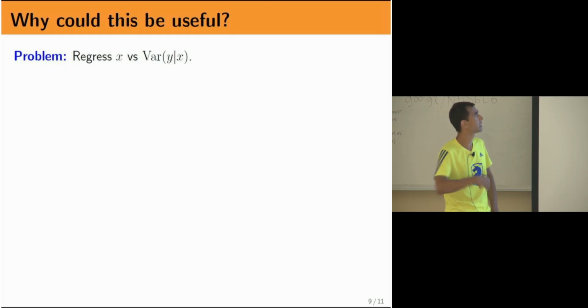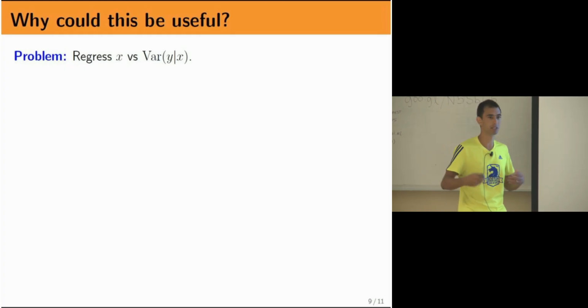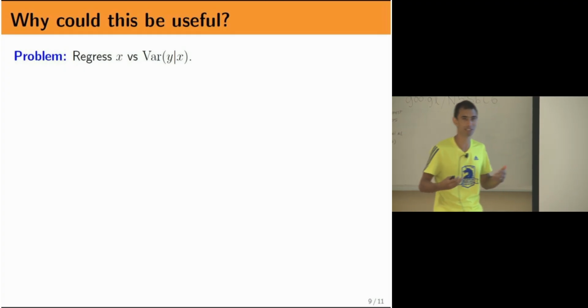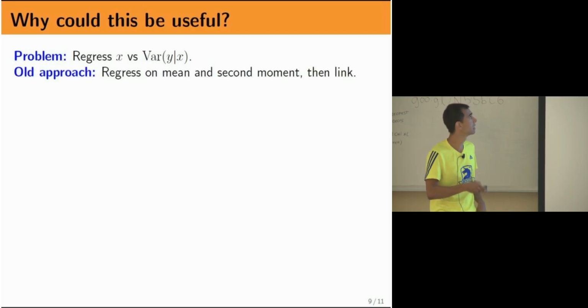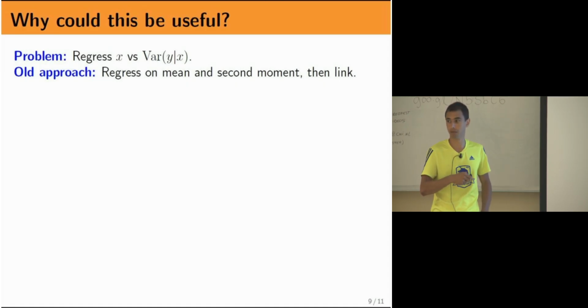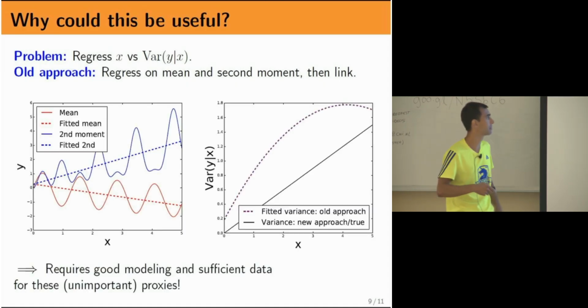And then I just want to give some intuition for why this might possibly be interesting to the rest of machine learning. Just throwing this out there, imagine you wanted to regress x versus the variance of the conditional distribution. The problem is that previously you'd need to regress on the mean and second moment. And sorry, I'm going to have to wrap up fast.